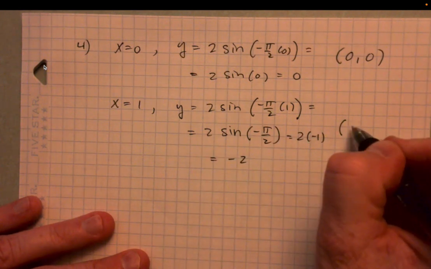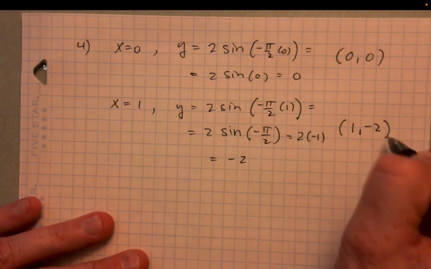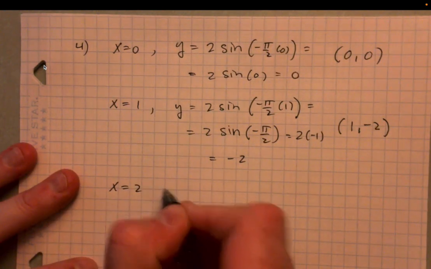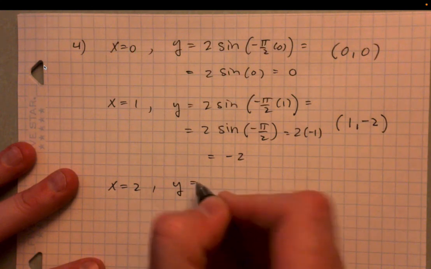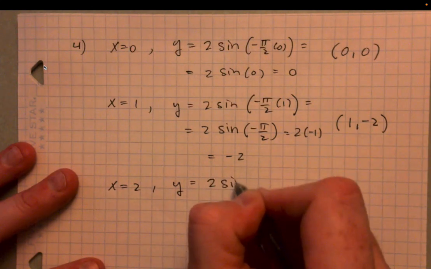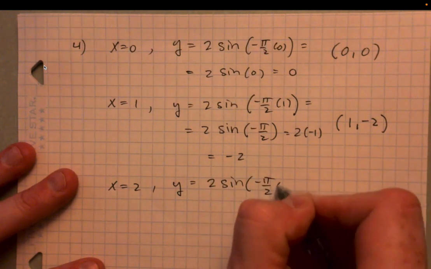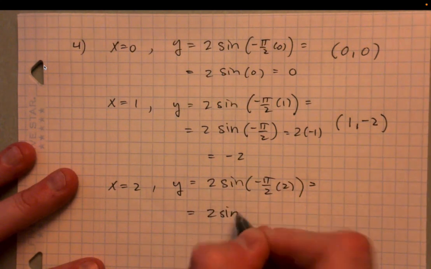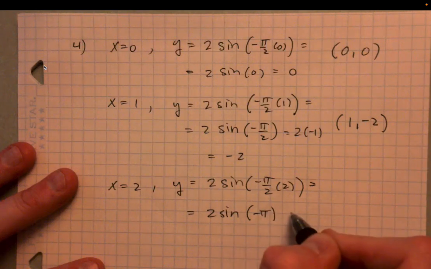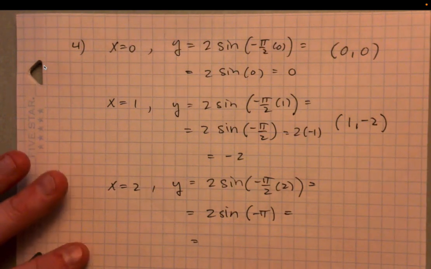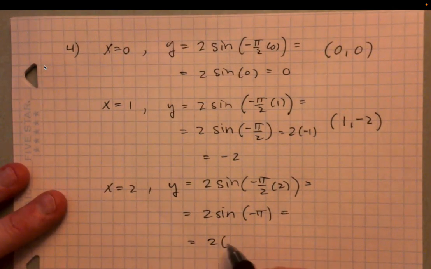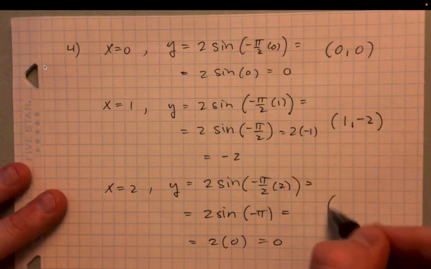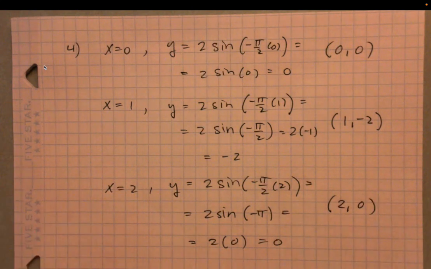And so the second point is 1 comma negative 2. All right, then what happens at x equals 2? Well, there we have y equals 2 times the sine of negative pi over 2 times 2. And so that is 2 times the sine of negative pi. And the sine of negative pi is 0. So that's 0. So our third point is 2 comma 0.